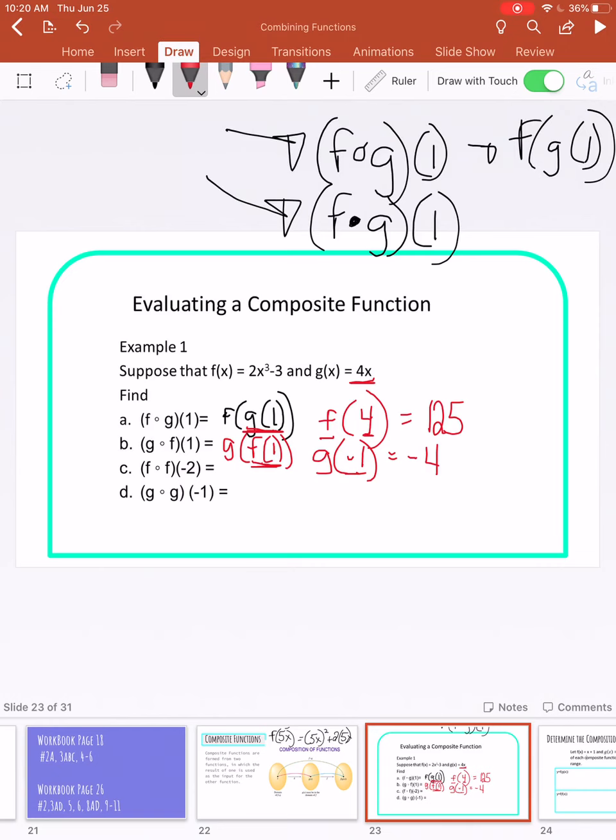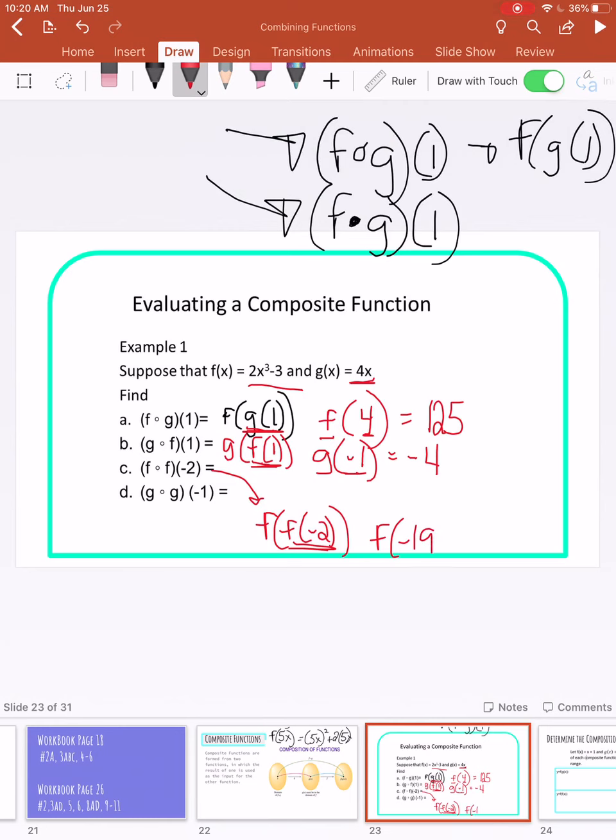What that looks like, and I'm running out of room, so I'm going to write this a little further down. Now we go to the f function and substitute negative 2 in. So we have 2 times negative 2 cubed, minus 3, which gives me negative 19.